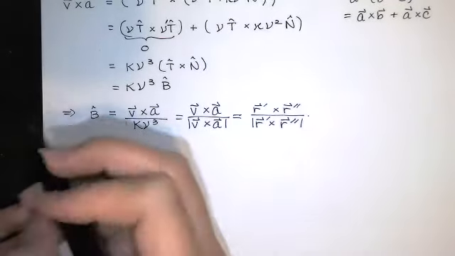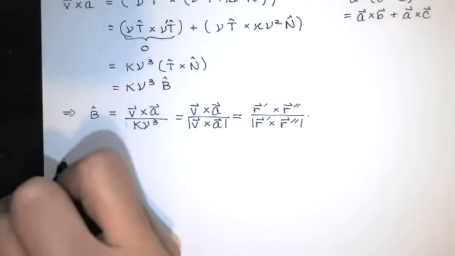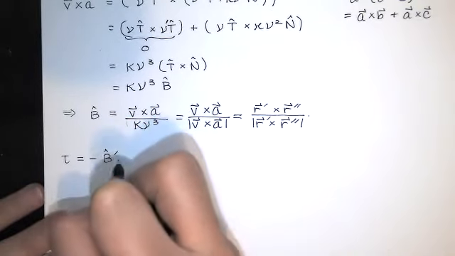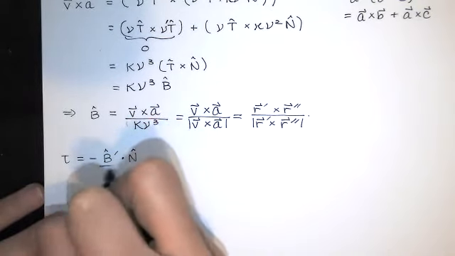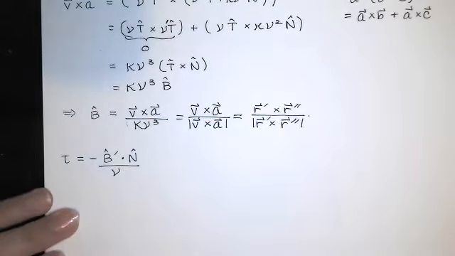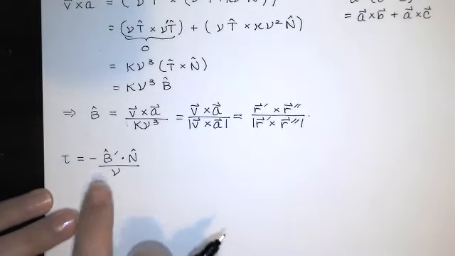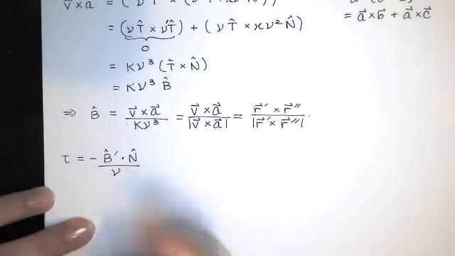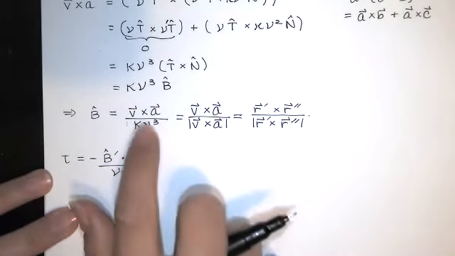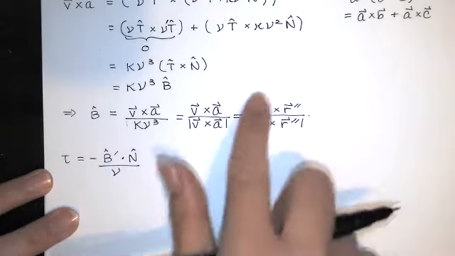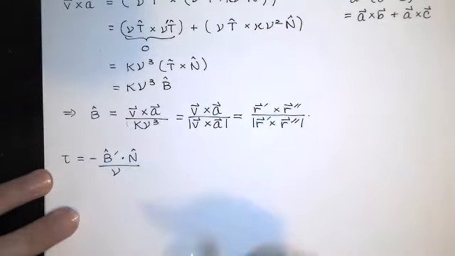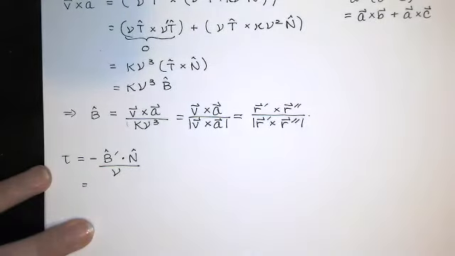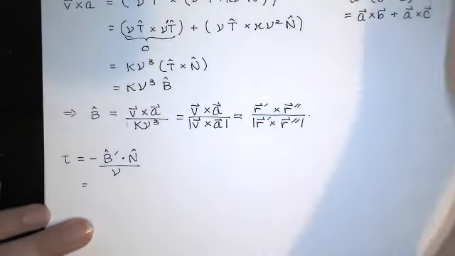Okay, so I want to compute this negative derivative of b dotted with n hat, all divided by that scalar there. So the derivative of this, actually it might be easier to use this form instead. Well, no, this is fine, actually. I'm going to take the derivative of this.